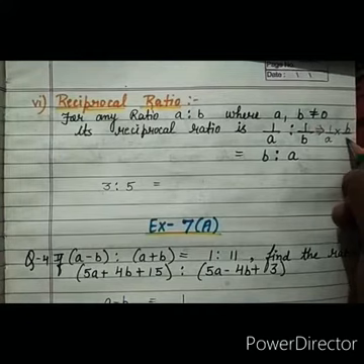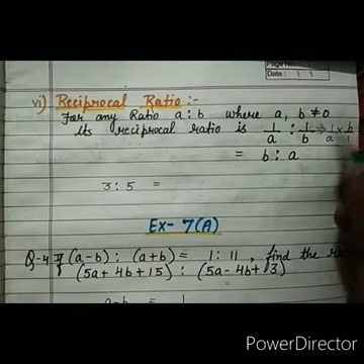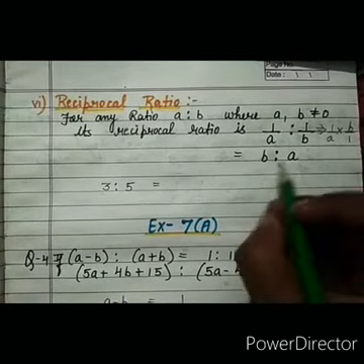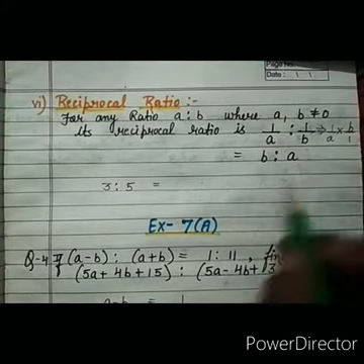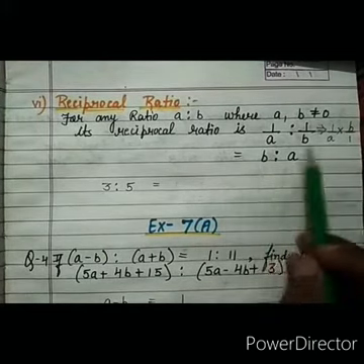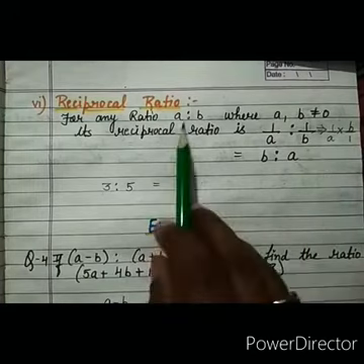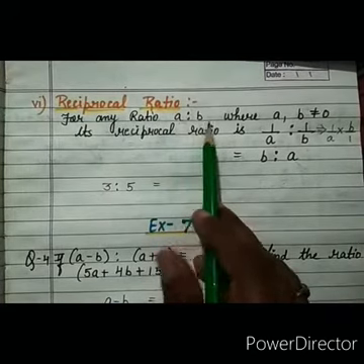So it will become B upon 1. Then we can write it as B is to A. So this is the reciprocal ratio of the given ratio A is to B.